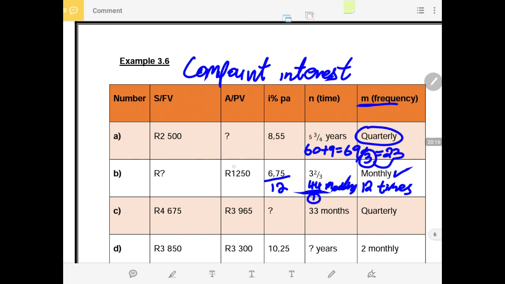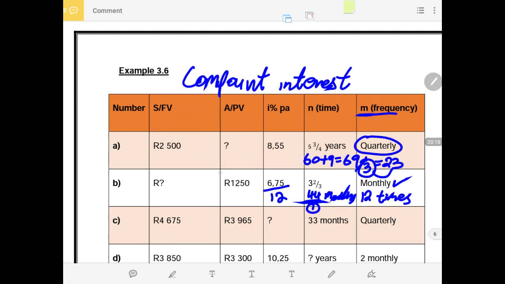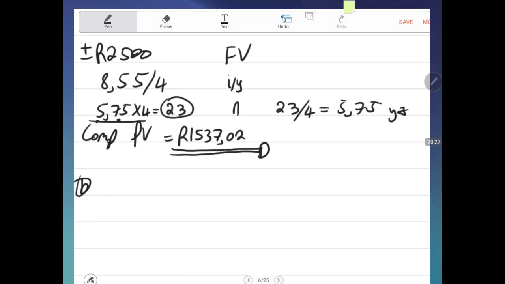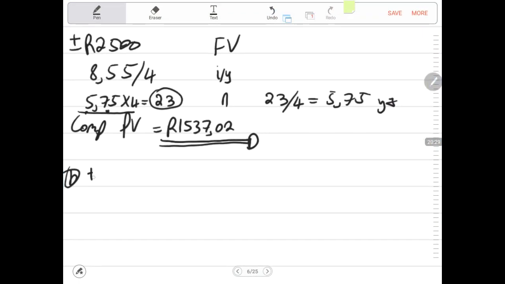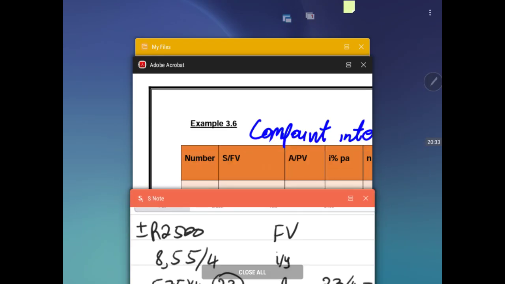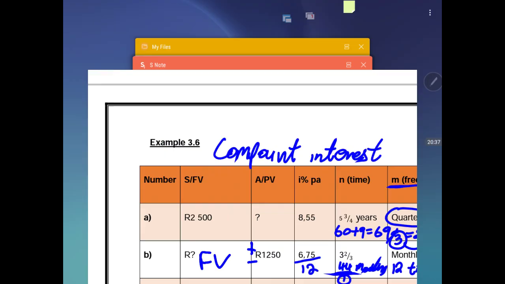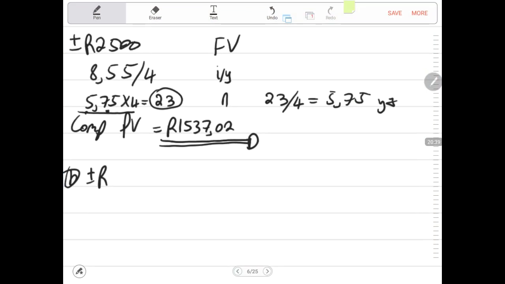So now we do have our present value, and we are looking for the future value. Then now let us do the workings. We have plus minus 1,250 as our present value. Yes, 1,250 is our present value.